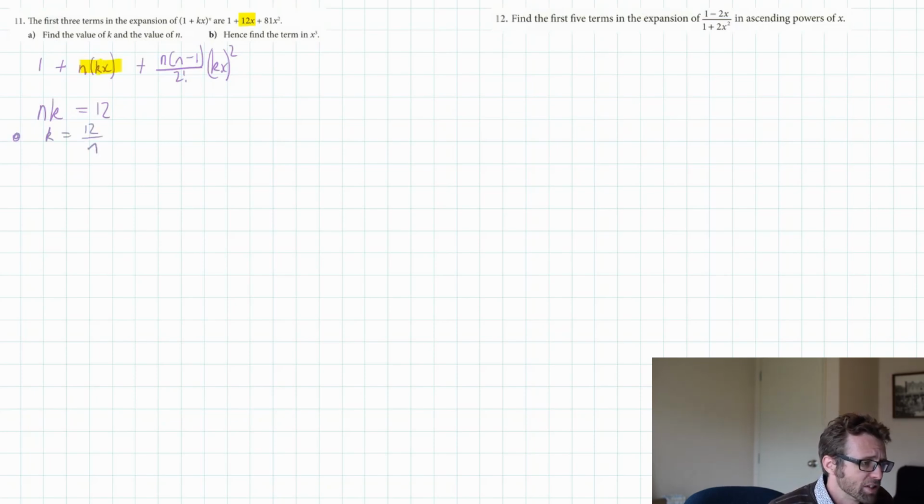The second one, we could say, well, look, I've got n squared minus n all over 2 factorial, and that's got to be equal to k squared, times k squared, and that's going to be equal to 81. So here I'm looking at this term here, and this here.